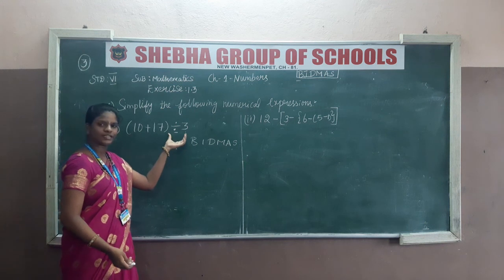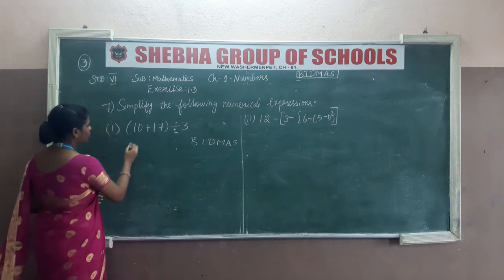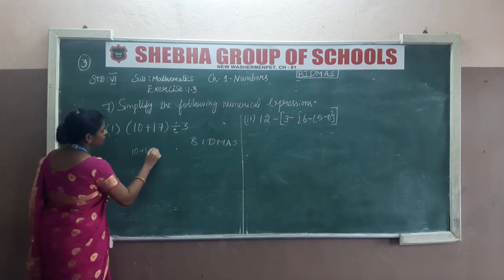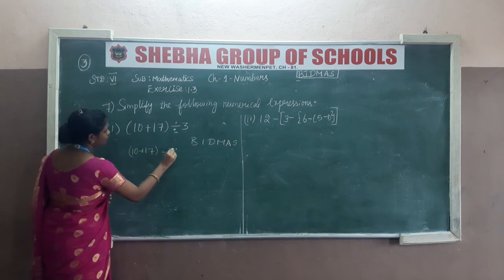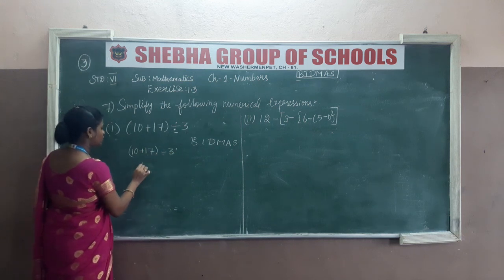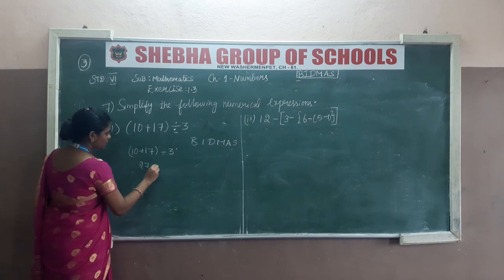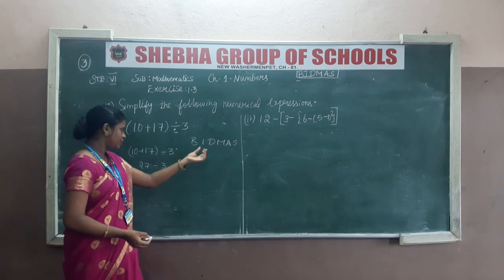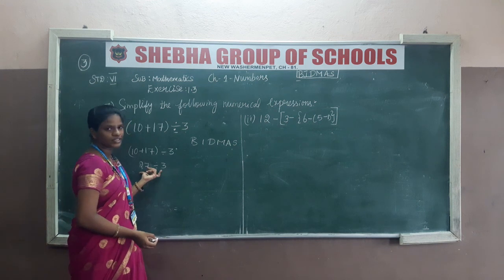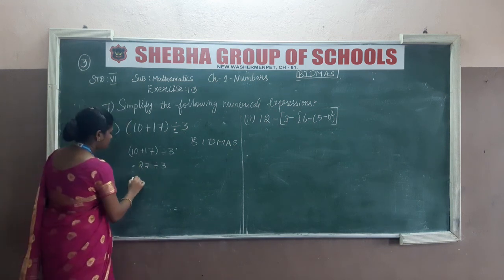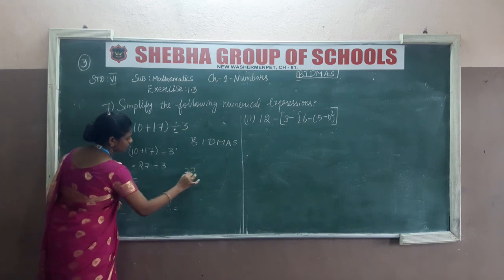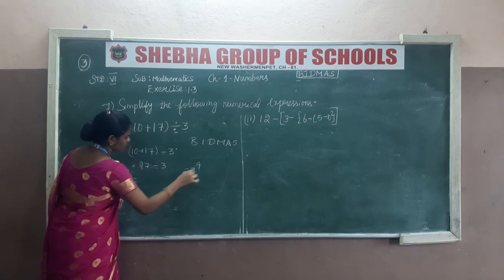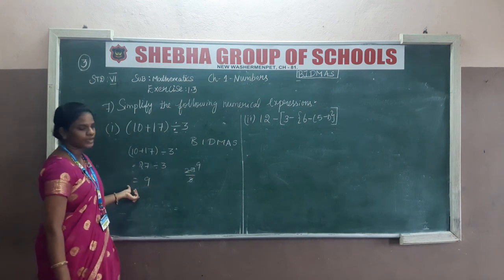First solve the bracket 10 plus 17, divided by 3. So 10 plus 17 is 27. Next we move to any divisors. Indices are not there, then divisors are there, so we can divide the number. 27 divided by 3 is 9, since 3 9s are 27. So the value is 9.